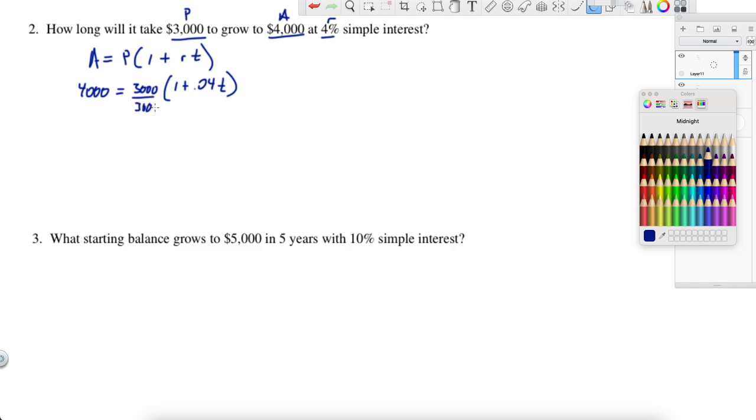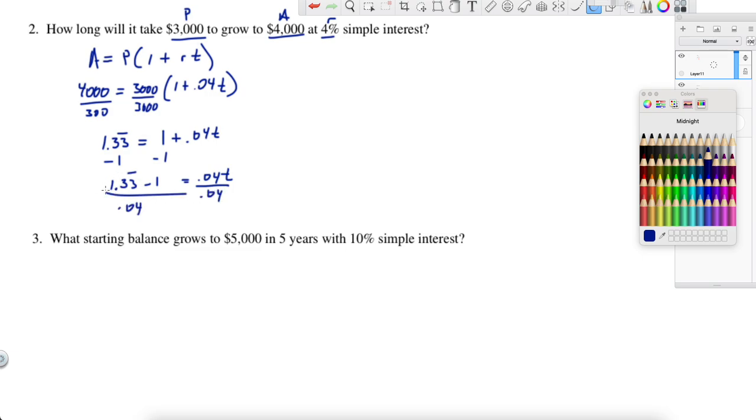So divide 3,000 to both sides. So yeah, that's 4/3, right? 4 divided by 3 is 1.3 repeating. So we got 1.33 repeating equals 1 plus 0.04t. So we're going to subtract 1 from that. In fact, I'm just going to say 1.33 repeating minus 1 equals 0.04t, and then we're just going to divide this whole thing by 0.04.